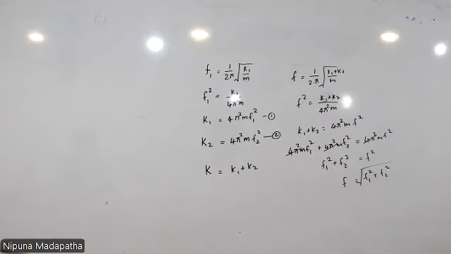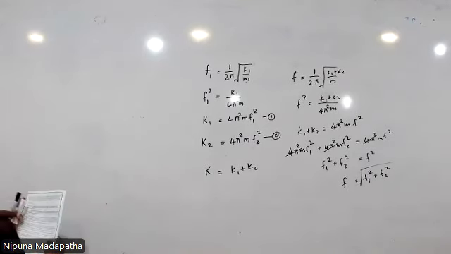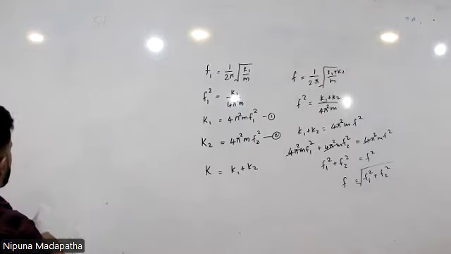A bullet of mass small m, traveling with horizontal velocity capital V, hits the wooden block, gets embedded in it, and remains inside. At this moment, the wooden block with the bullet undergoes horizontal simple harmonic motion. Find the amplitude of the SHM.